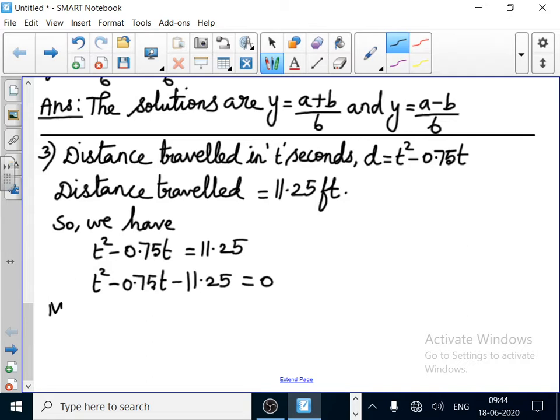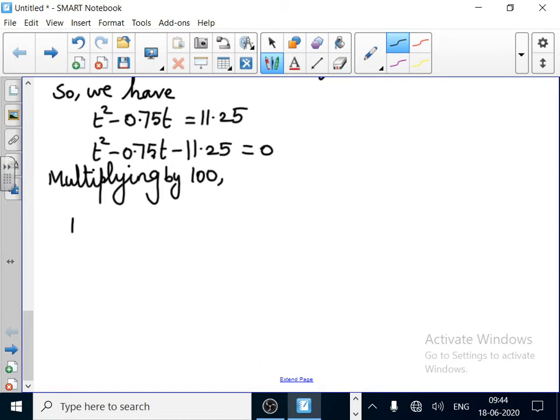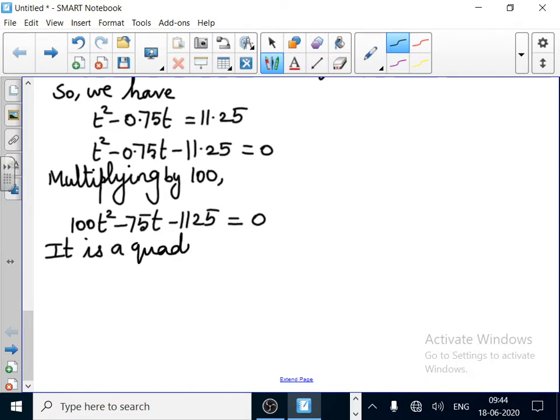Multiplying by 100, it will become 100t² minus 75t minus 1125 equal to 0. It is a quadratic equation in t.